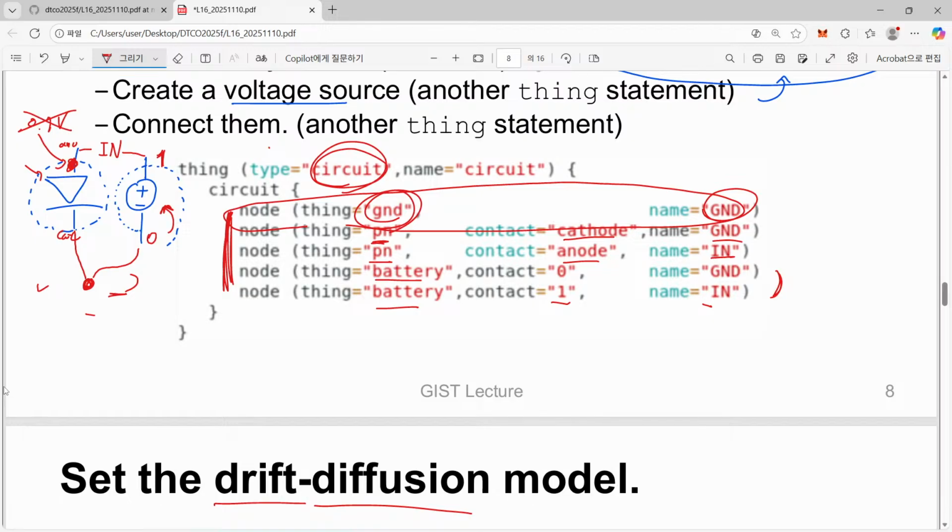What we have to do instead is make the electromotive force of this voltage source 0.7 volt. Once we have an electromotive force of 0.7 volt, since this reference node 0 is connected to the ground, this voltage is always 0.